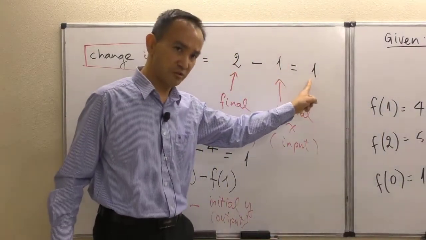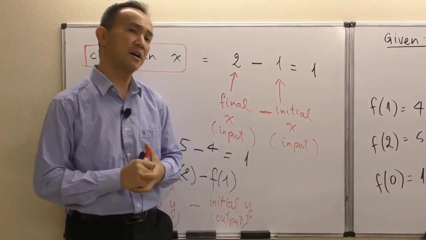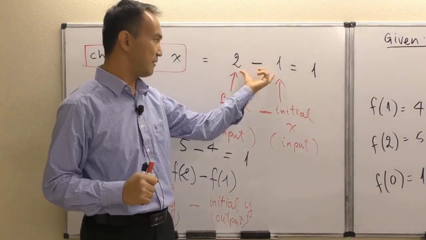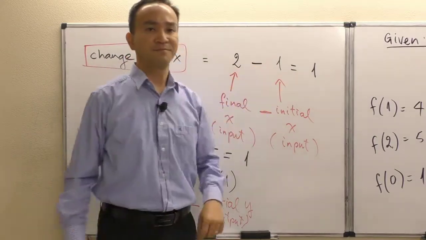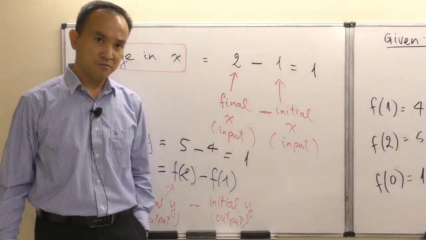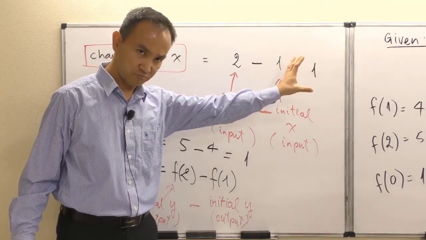This is how much change was gone by after we calculated final input minus initial input. That's how much change in the x value as a quantity.